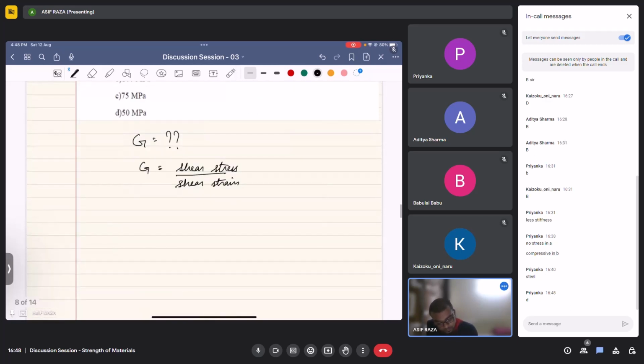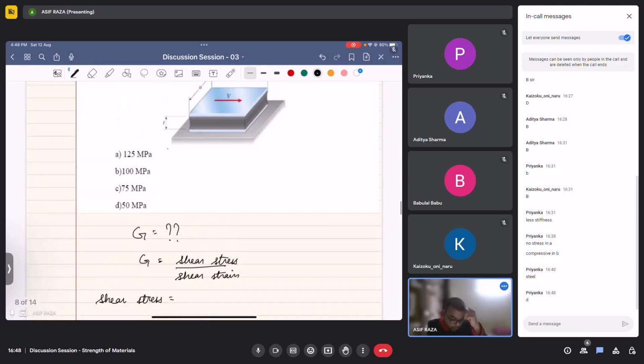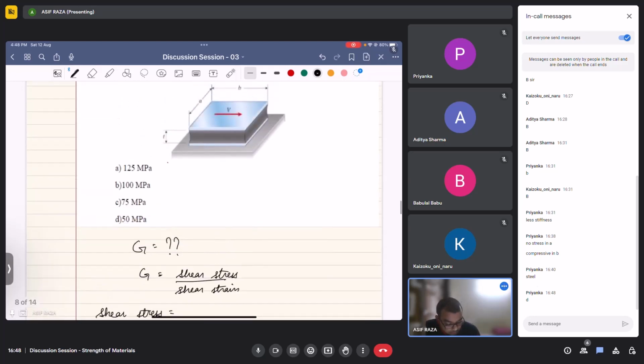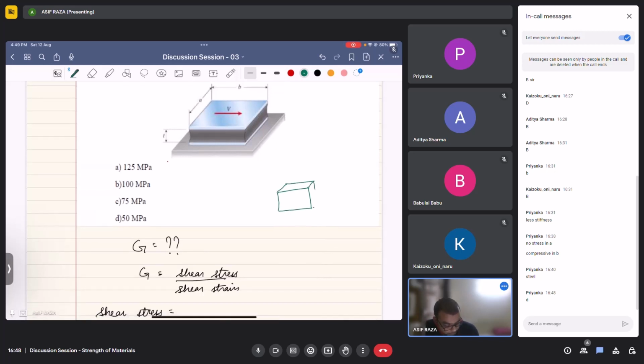Now, shear stress. Let me first draw this initially. We are given this system. This is the displacement.